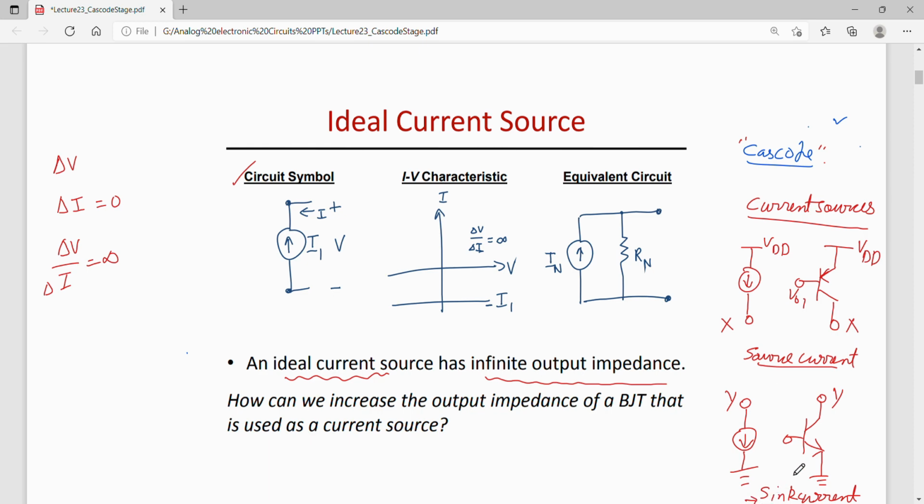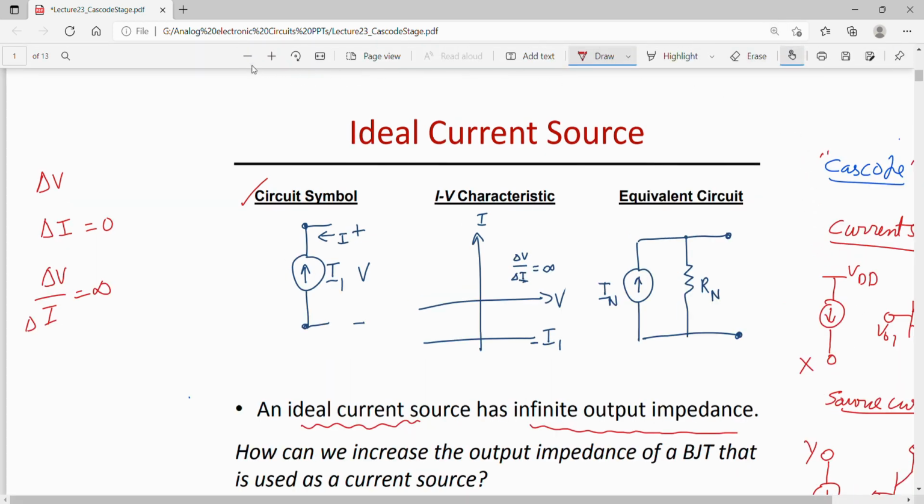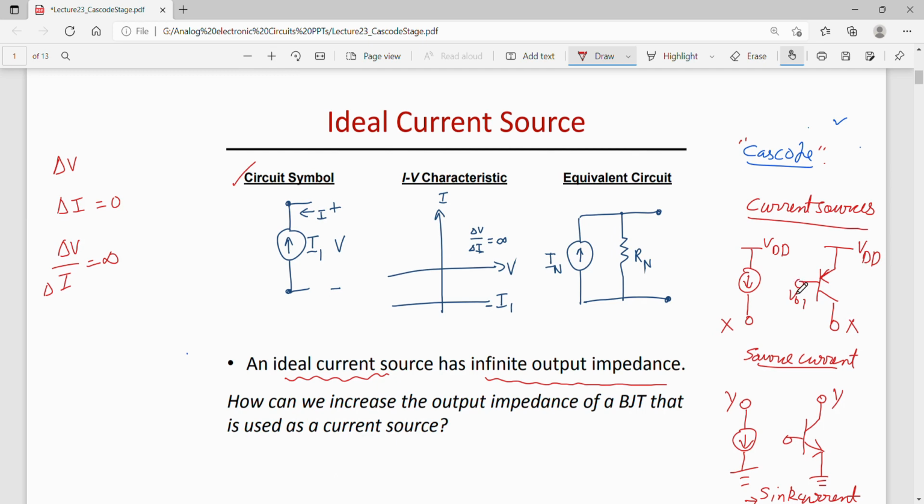Now if these two current sources using PNP and NPN are ideal current sources, then that means their output impedance will be infinite. So instead of using some other ideal current source, why not use these current sources?